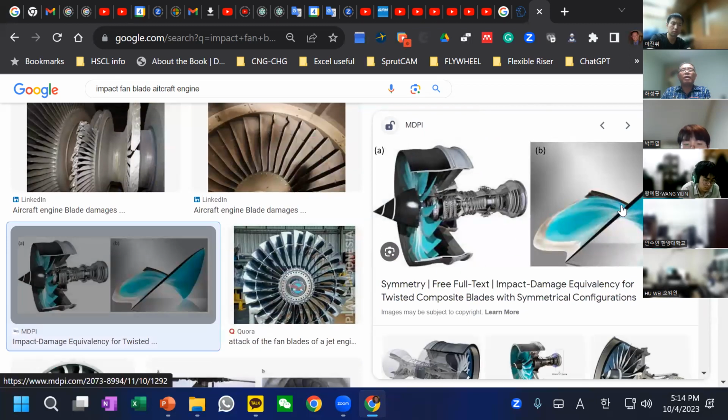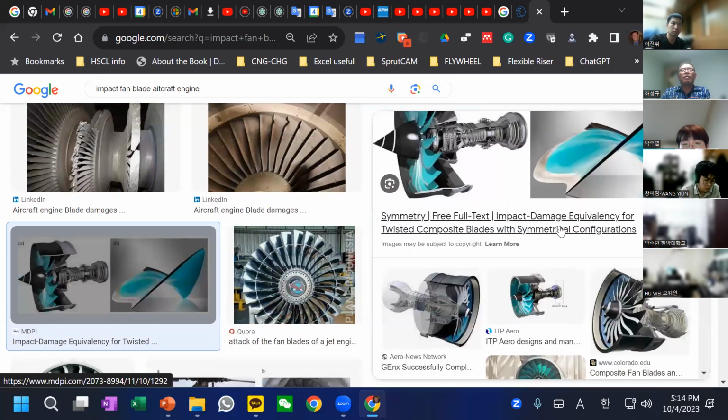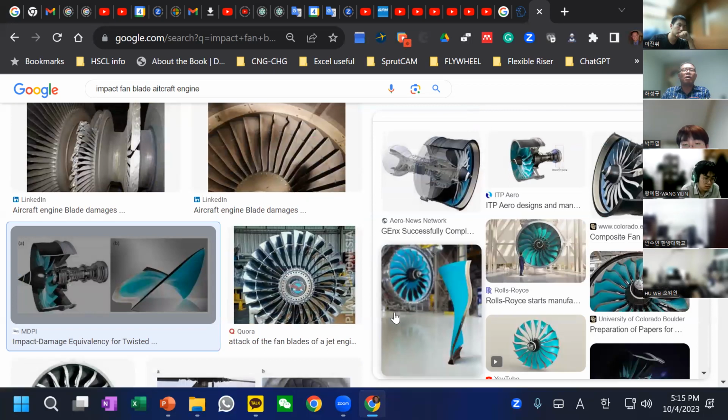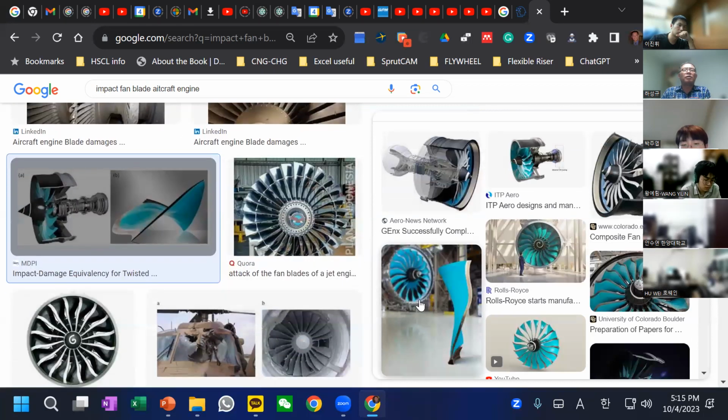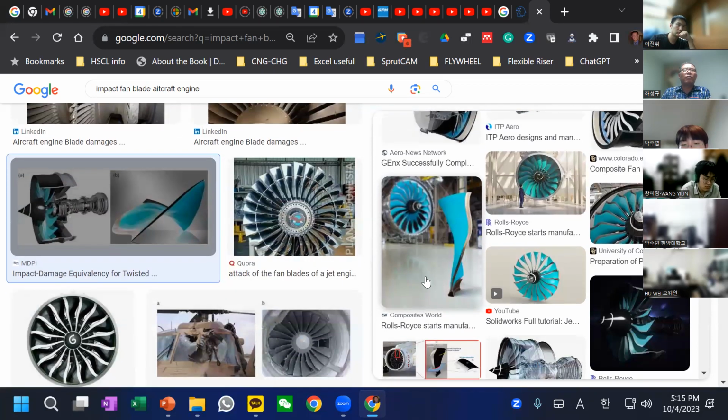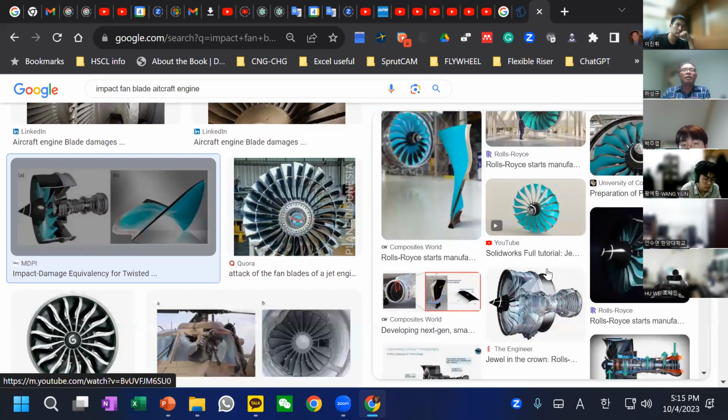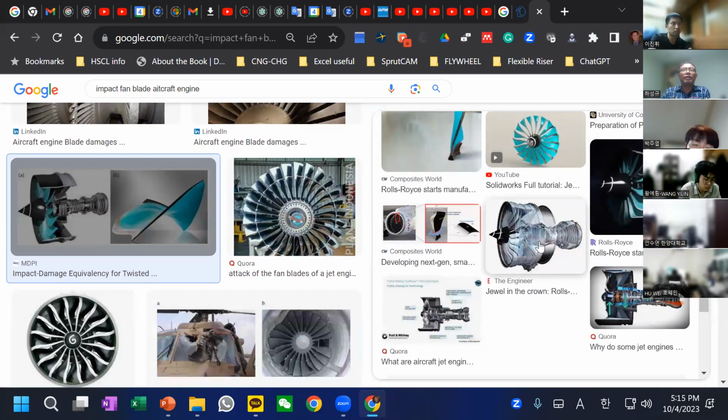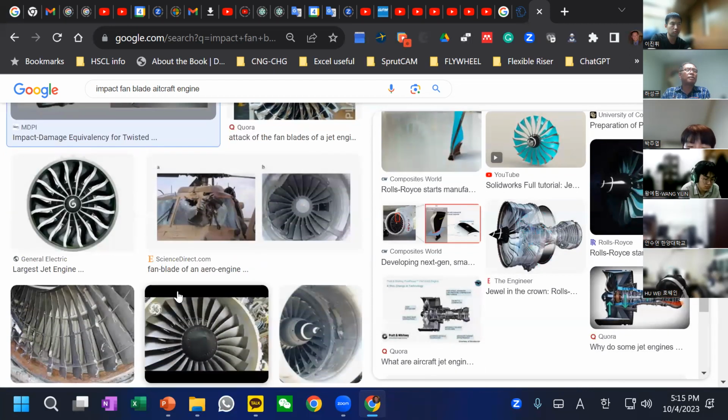And this fan blade consists of 100 different layup sequences. That's pretty much know-how. Rolls-Royce has a really wonderful fan blade, and it is all made of composite.